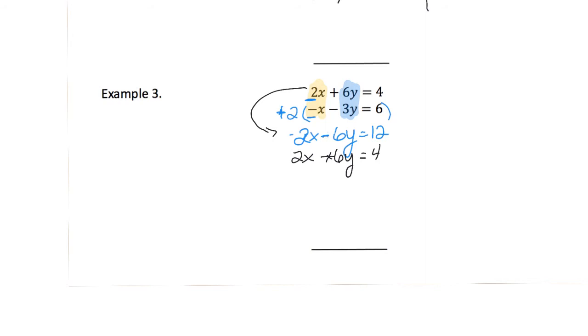Remember, we add up these equations. When we add them up, the x's cross out, and in this case, our y's cross out. So then we're left with 0 on this side is equal to 16.